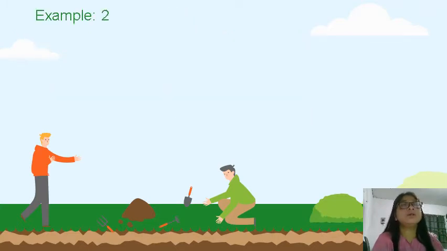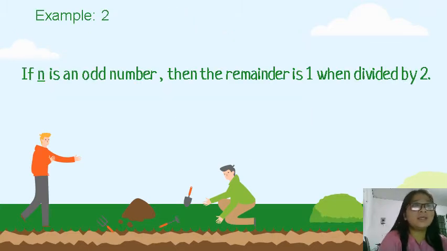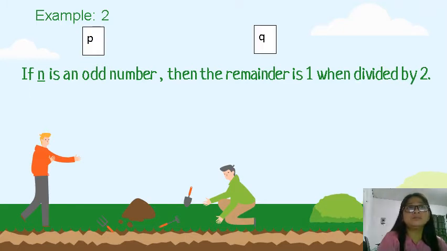Another example: if n is an odd number, then the remainder is 1 when divided by 2. Our premise, which is accepted as true, is P, n is an odd number, and Q is the remainder is 1 when divided by 2.